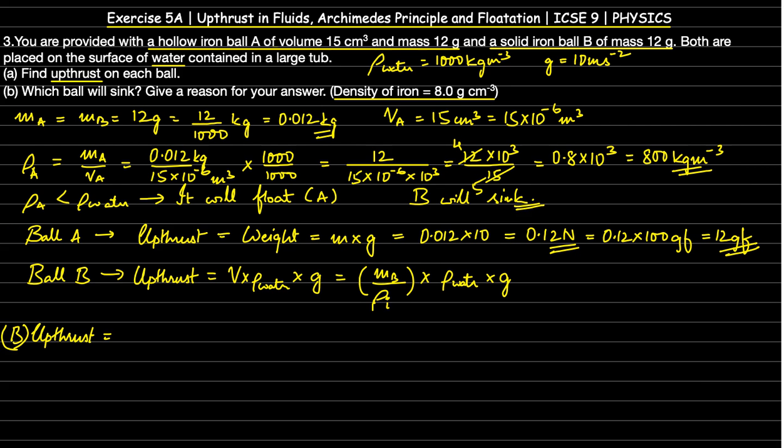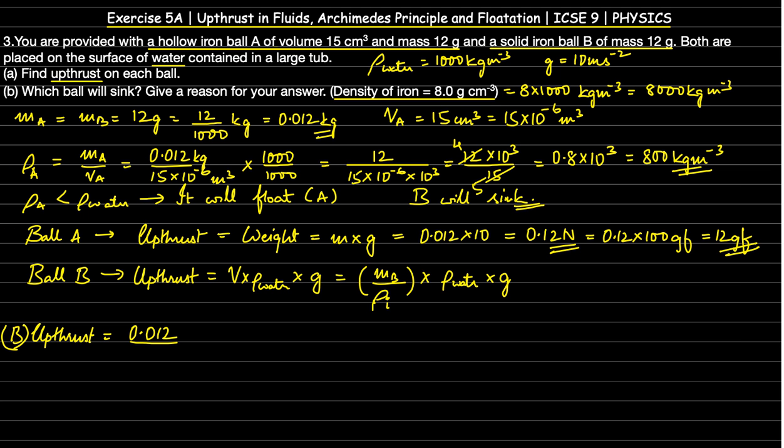Upthrust is equal to mB, which is nothing but 0.012, divided by the density of iron, which is 8 gram per centimeter cube. Now when we convert gram per centimeter cube to kg per meter cube, we multiply by 1000. So we get 8 into 1000 kg per meter cube, which is nothing but 8000 kg per meter cube.